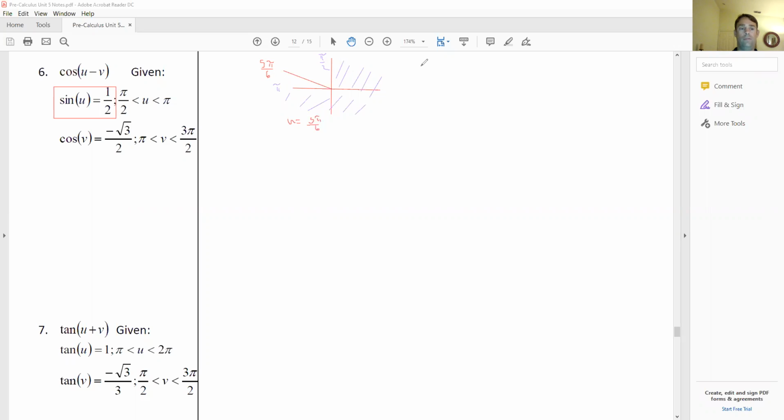And now we have our v. And notice v is between pi and 3 pi over 2. So let's figure out where that would be. Pi and 3 pi over 2, we're going to get rid of all this over here.